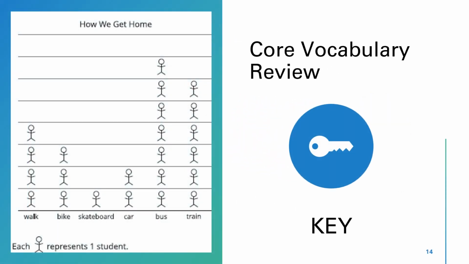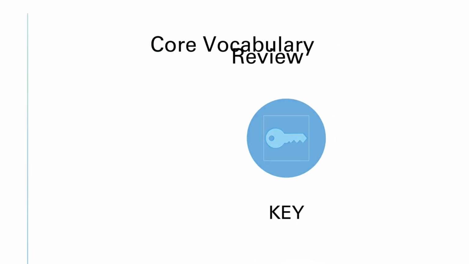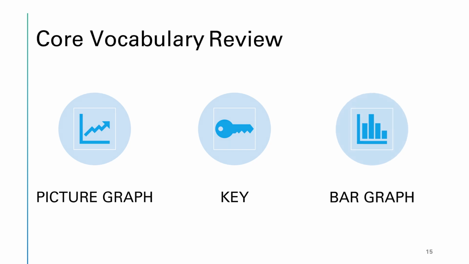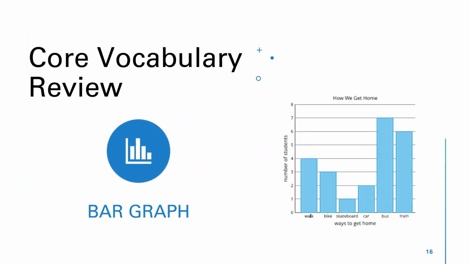A key is the part of a picture graph that tells what each picture represents. As you can see, at the bottom of the graph, it shows the key. A bar graph is a way to show how many in each group or category using the length of rectangles.